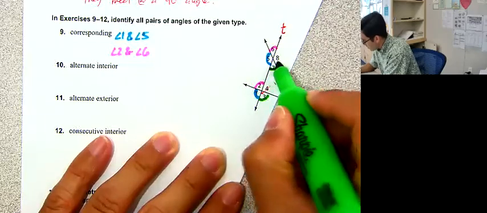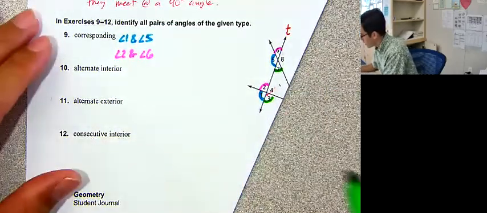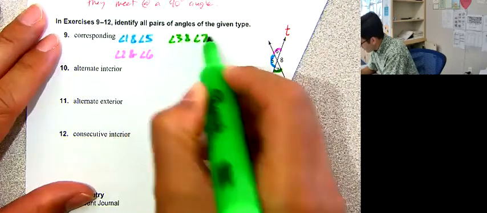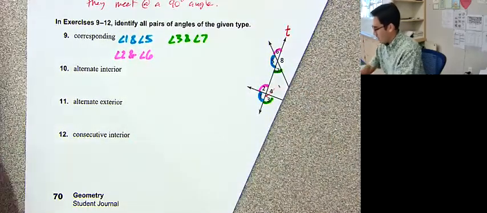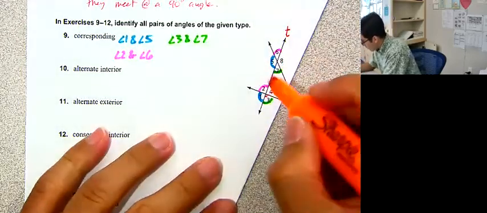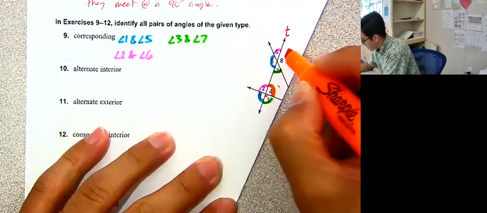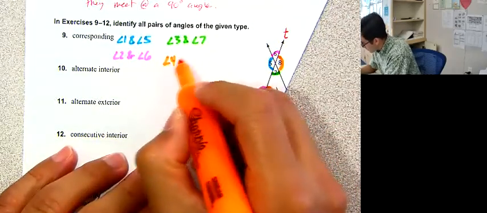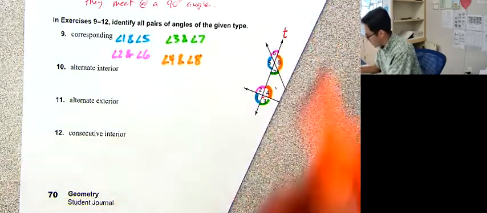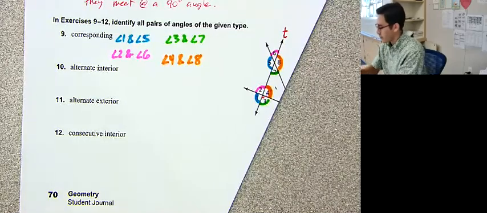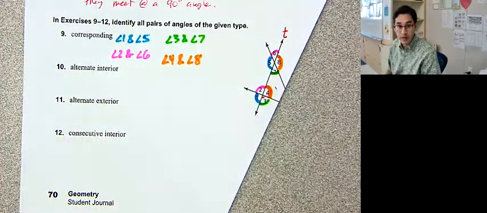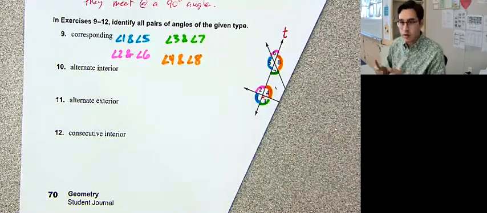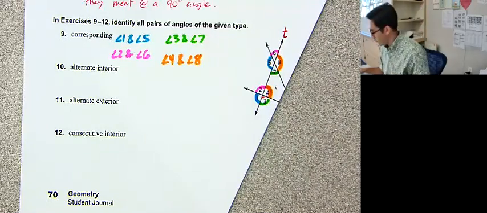Angle 7 is also in the lower right position, so those are corresponding: angle 3 and angle 7. And then finally we've got angle 4, which is in the top right position, and angle 8, which is in the top right position: angle 4 and angle 8. So those are corresponding angles, angles that are in the same relative position.